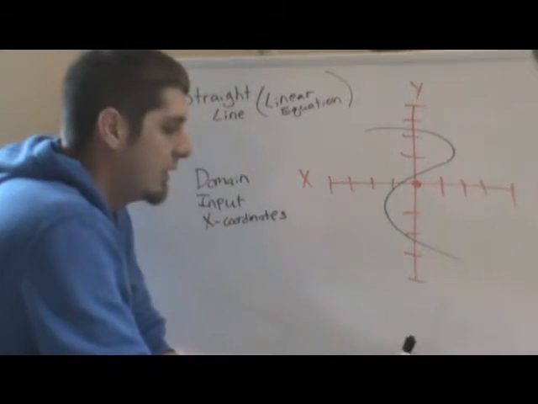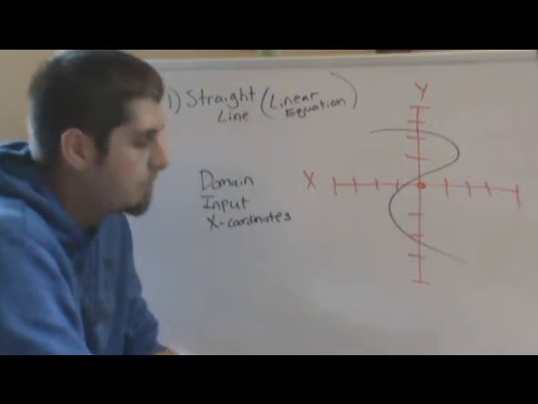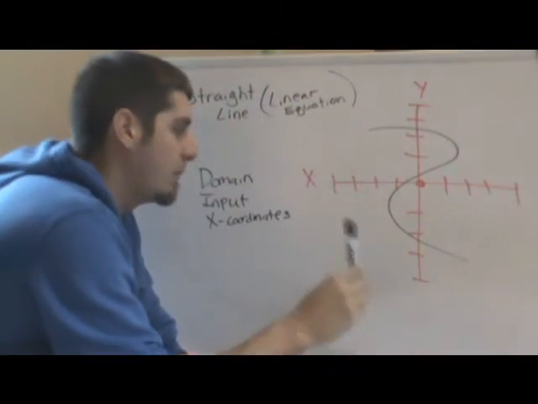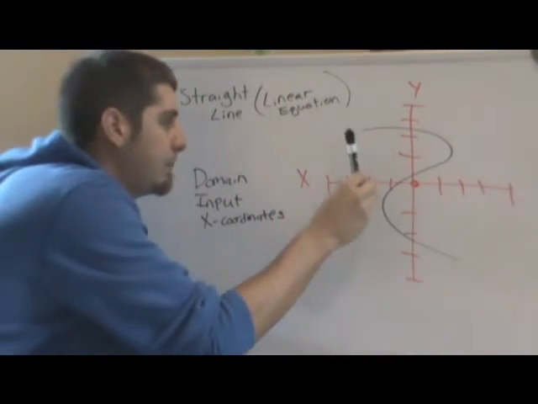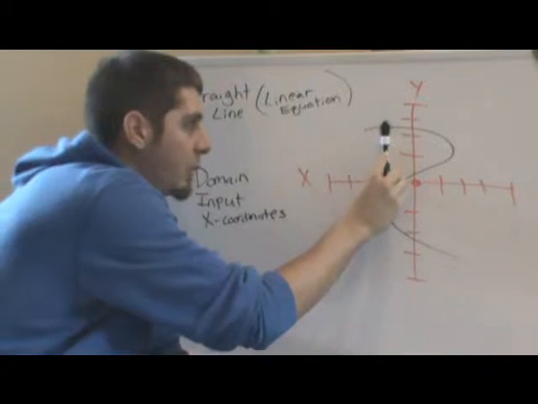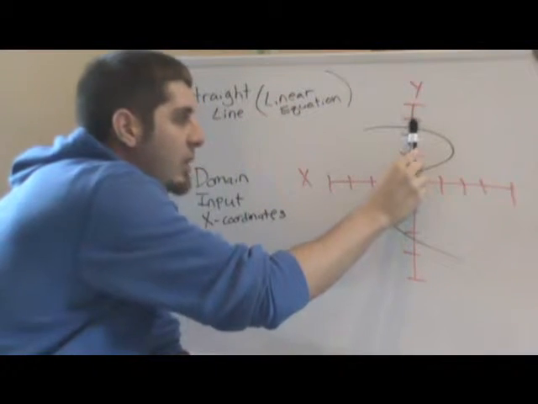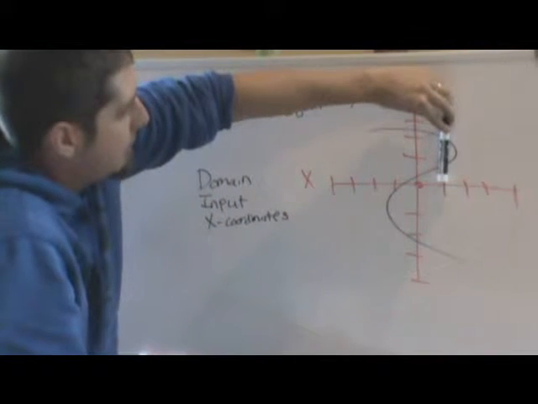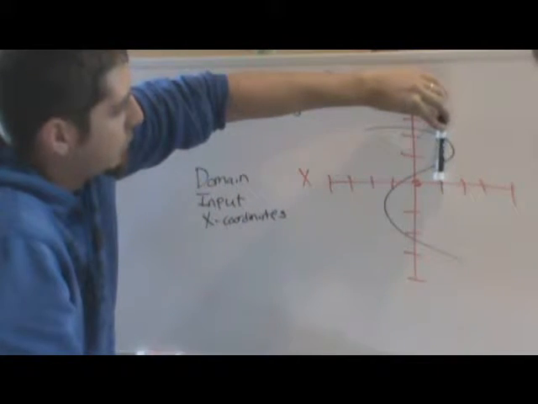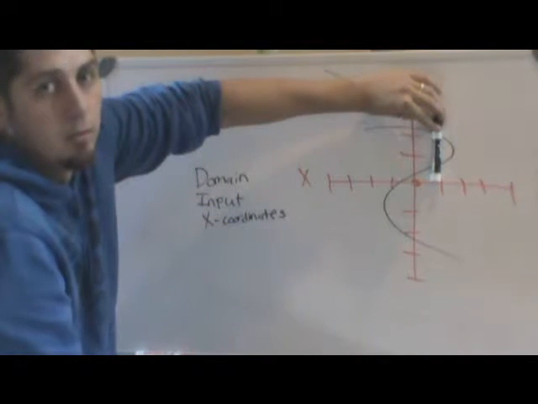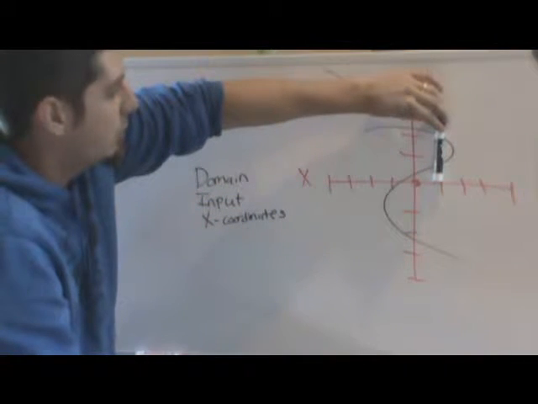So if I took a pencil, a ruler, marker, book, something that can form a vertical line for me, and remember, vertical is up and down, and I place it vertically on my graph, and I move it across my graph, what you're going to notice is that my marker is currently intersecting two different points on this black line here, which means that this line does not represent a function.